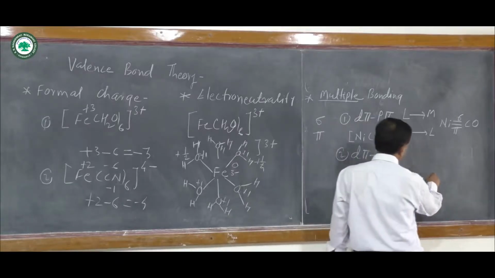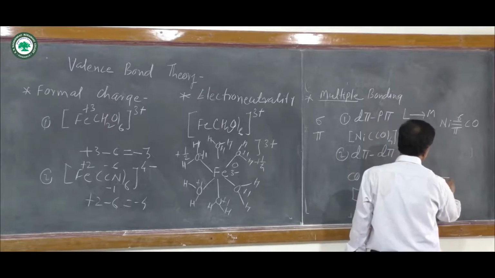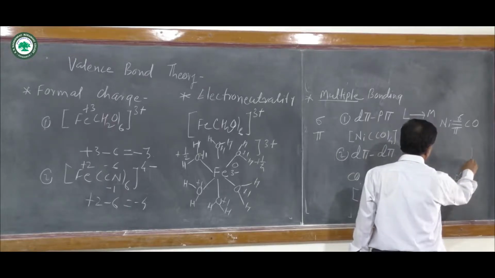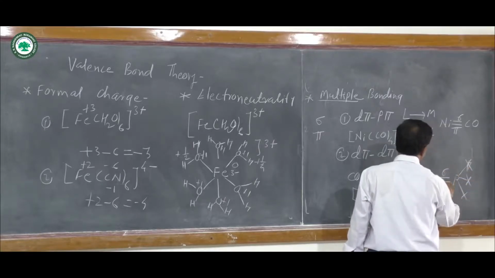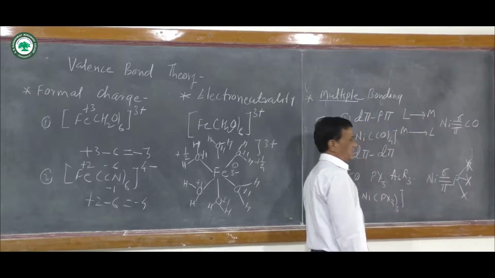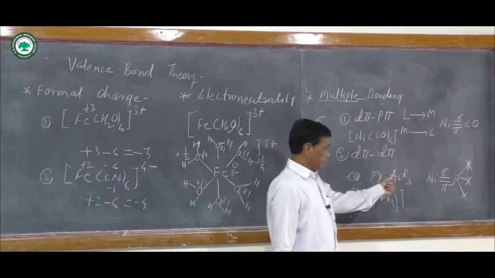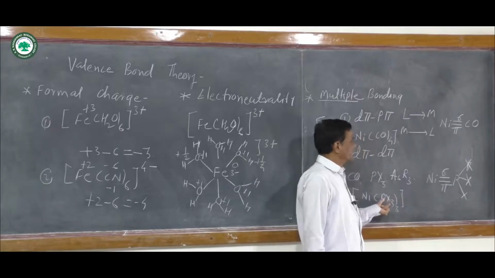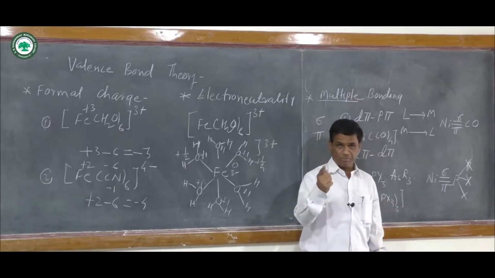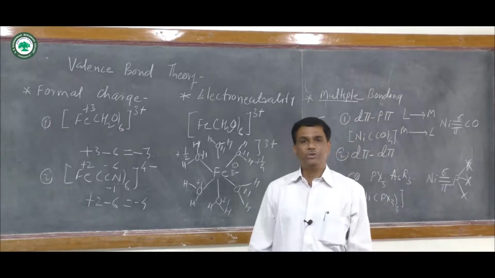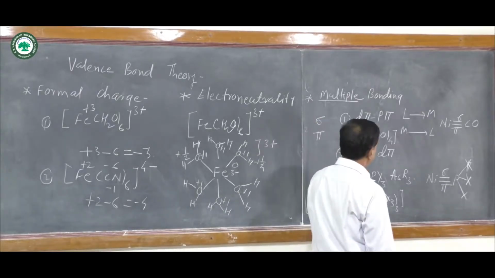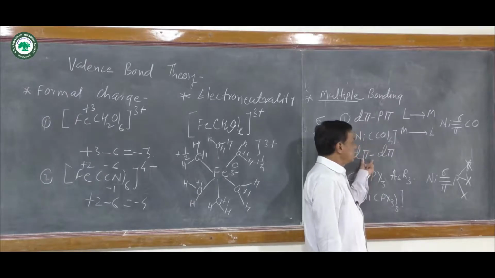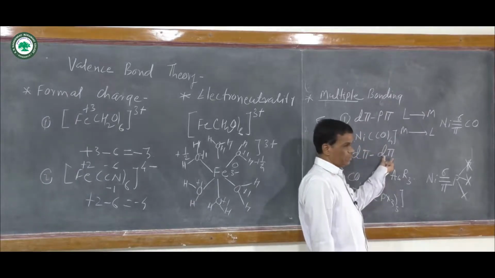Here nickel is there, then a double bond to phosphorus, with one halide, a second halide, and a third halide. Sigma and pi bonding occur there. Phosphorus has atomic number 15, but for bonding it uses the next empty d orbital, and when that d orbital is used, that overlap is known as d pi overlap.